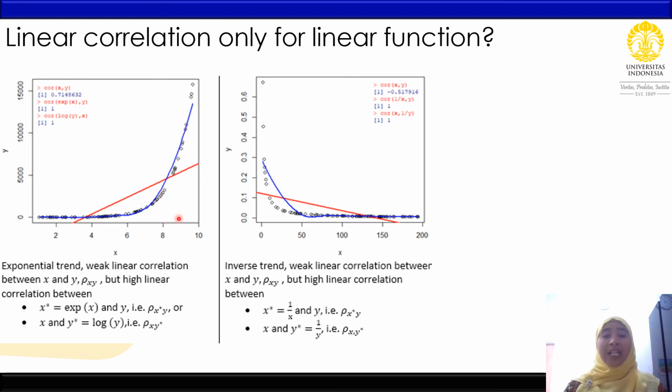So again, even for a nonlinear function, we can still measure the strength of the relationship between those two variables. It doesn't have to be a linear function. It can be an exponential function as long as we put in the correct functional form in the place of x and y.